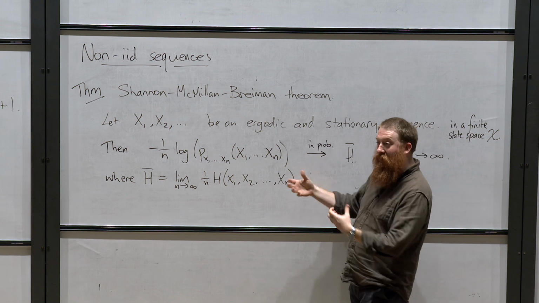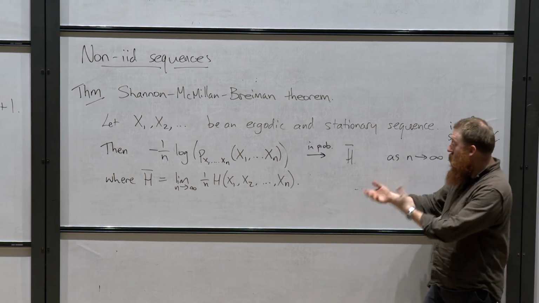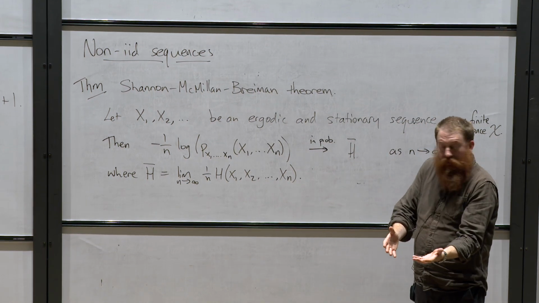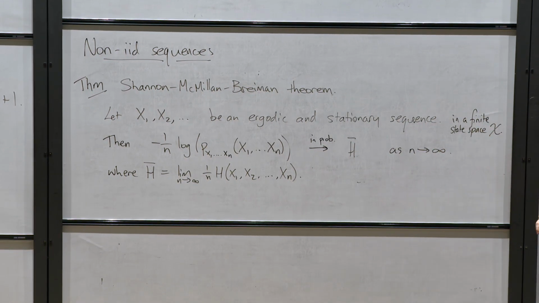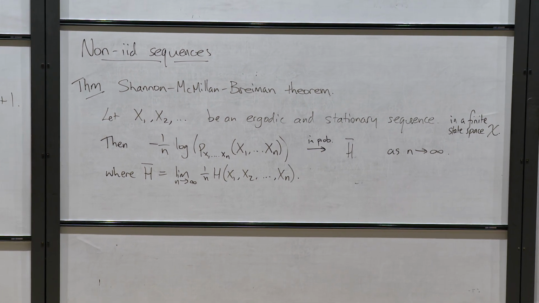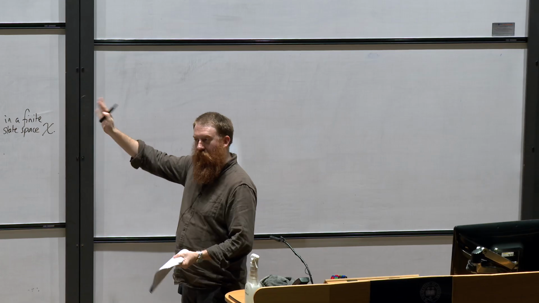So without independence, there's still a good notion of typical sequences, and we're going to get similar types of behavior to what we see in the IID case. We're not going to dwell on this anymore. We're going to come back to this later in the course when we start working with Markov chains, but I thought it's worth mentioning now anyway.